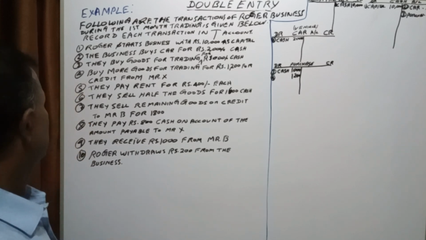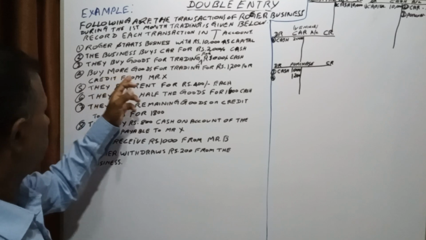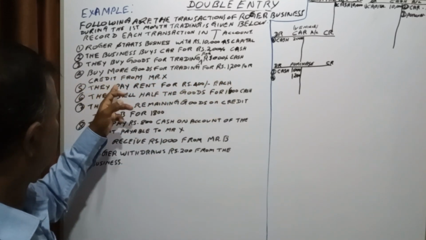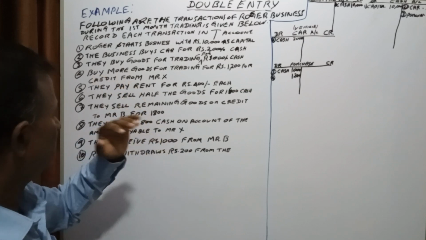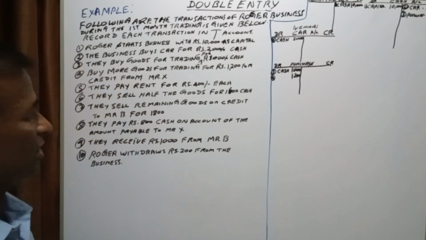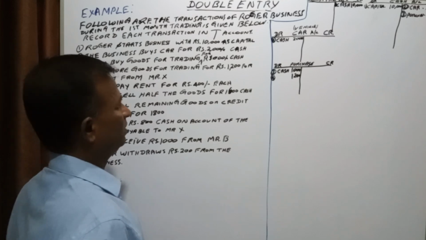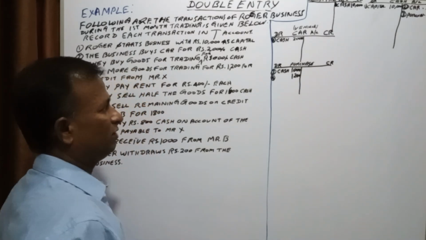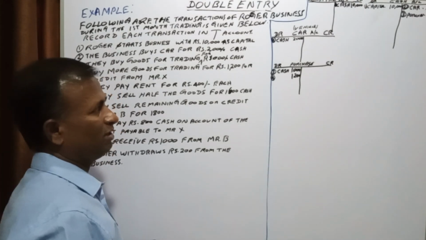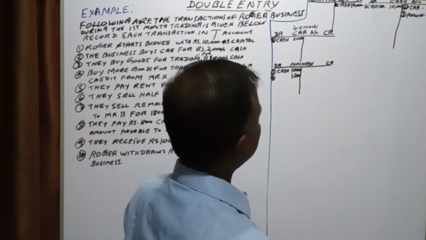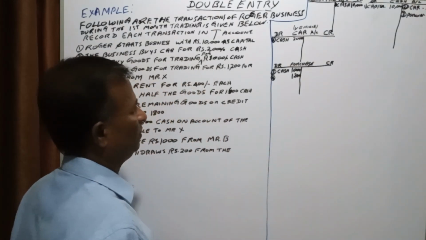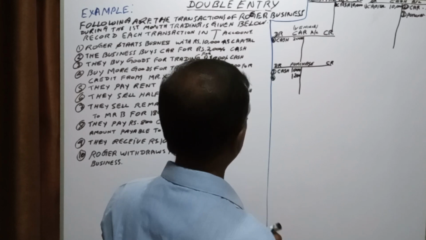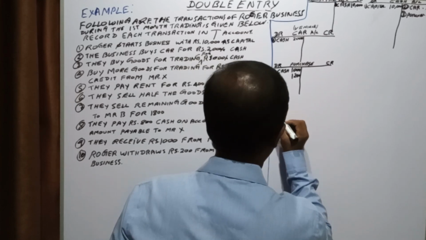What is the other account affected? Buy more goods for trading for 1200 on credit from Mr. X. Mr. X is then a creditor, right? Creditor's account. Okay, for the time being we can say creditor Mr. X. Next account we are going to open.